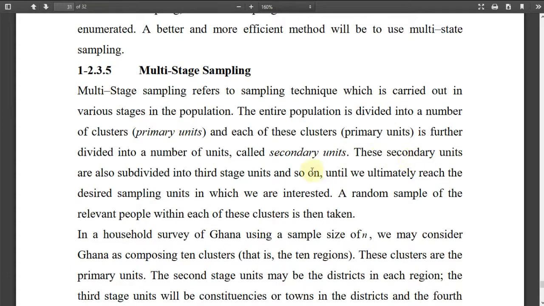These secondary units are also subdivided into third stage units, and so on. You do that until you ultimately reach the desired sampling unit in which we are interested, like the communities. Then you can use simple random sampling or systematic sampling to take the relevant people within each of these clusters.